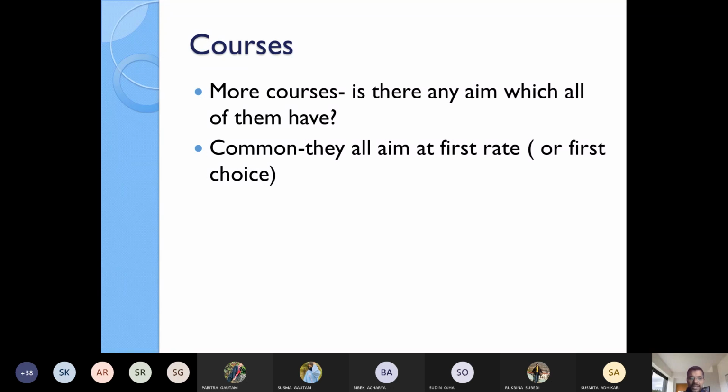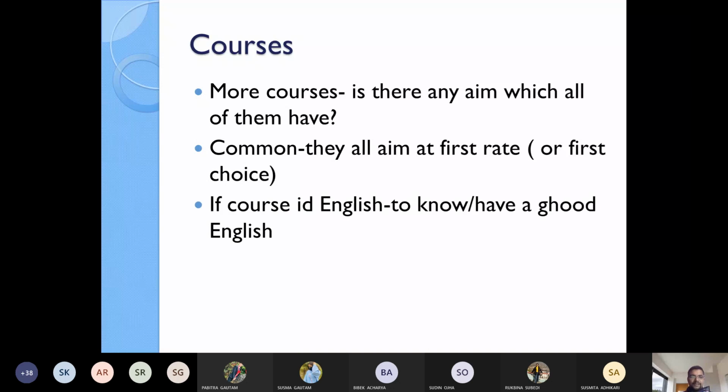The common aim is that each subject tries to be the first choice of students, or first rate. For example, if the course is English, it is good to know whether it is English or other subjects.